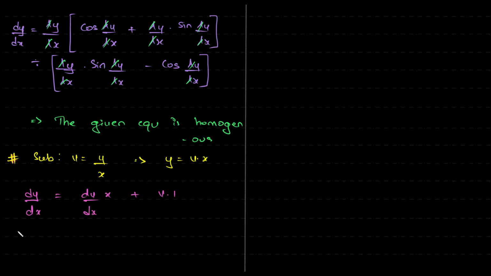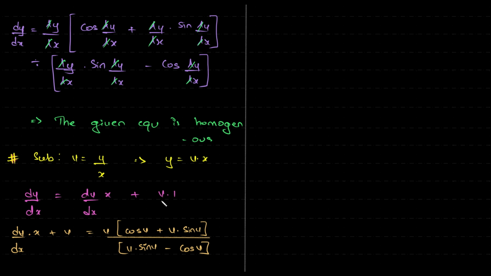And so when we substitute it over here, dv by dx into x plus v is equal to v cos v plus v sin v, entire expression divided with v sin v minus cos v, right?